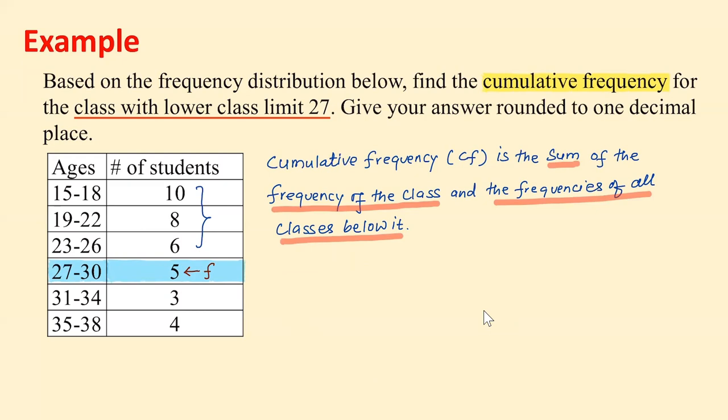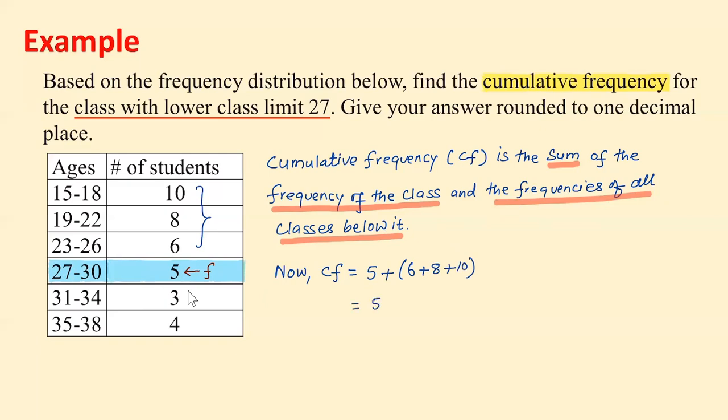So in this case, let's find out what the cumulative frequency will be. Cumulative frequency is equal to the frequency of the class, that's 5, and the frequencies of all classes below it. That is, to that 5, we have to add all these numbers: 6, then 8, and then 10.